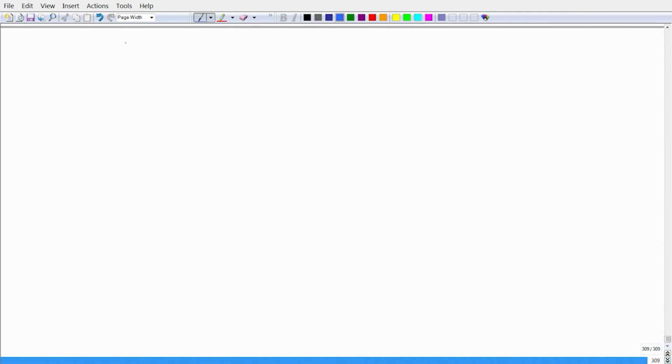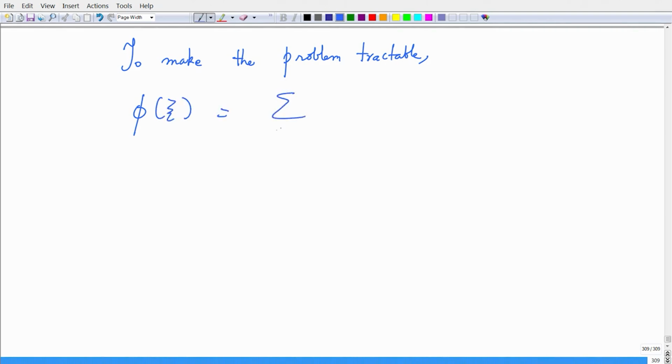Now, to make the problem tractable, because we are now dealing with a summation of indicator functions, what we do is we approximate phi of zeta to be summation I equals 1 to n zeta I. This is what I have.